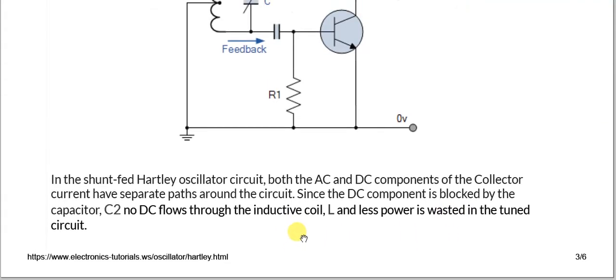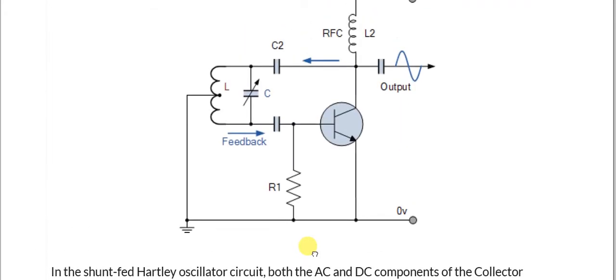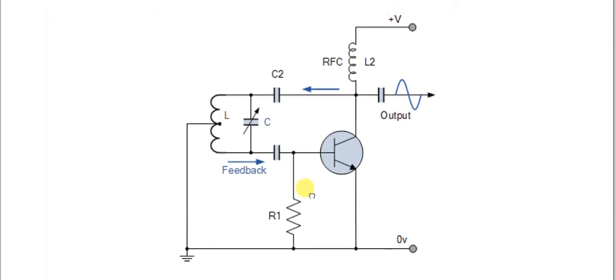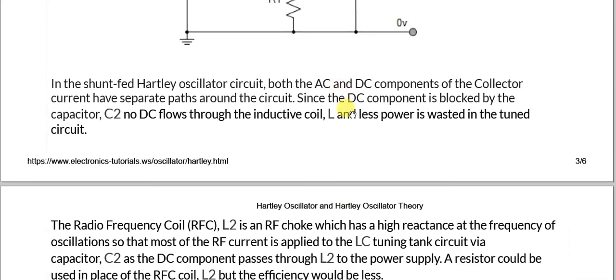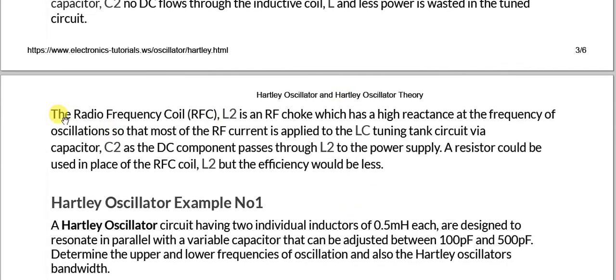Then we have the job of the radio frequency coil, normally called the RF choke, which has high reactance at the frequency of oscillation, so that most of the RF current is applied to the LC tuning tank circuit via the capacitor C2. The DC component passes through L2 to the power supply.